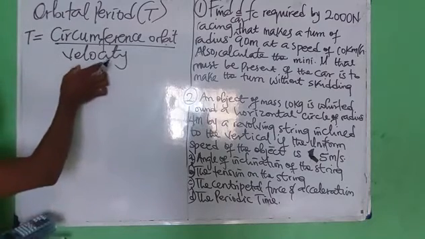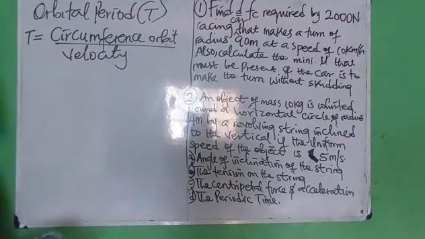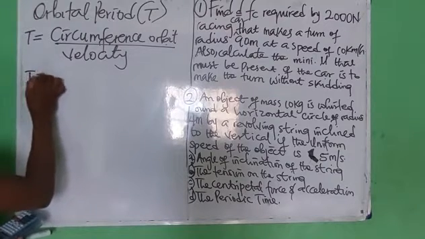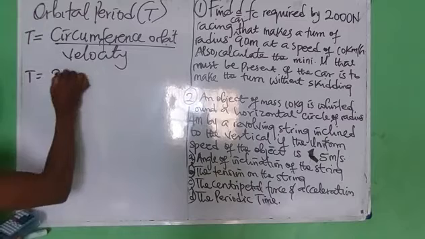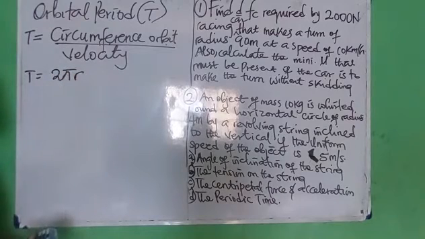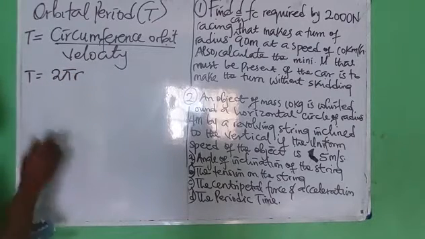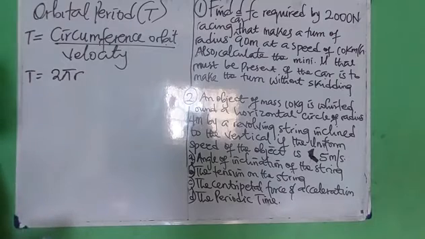Now this velocity connotes what? Velocity of satellite, or satellite velocity. Now the circumference is 2 pi r, just like the normal circumference of a circle.